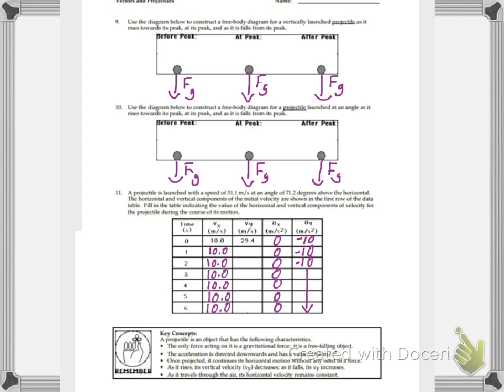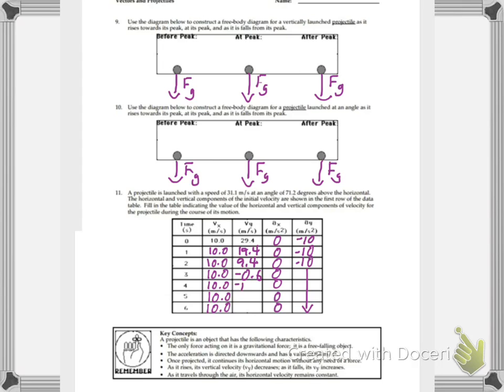Now our velocity in y will change at -10 meters per second each second. So after 1 second, it's traveling 19.4 meters per second. After 2 seconds, it is traveling 9.4 meters per second. At 3 seconds, this will be traveling at -0.6 meters per second.